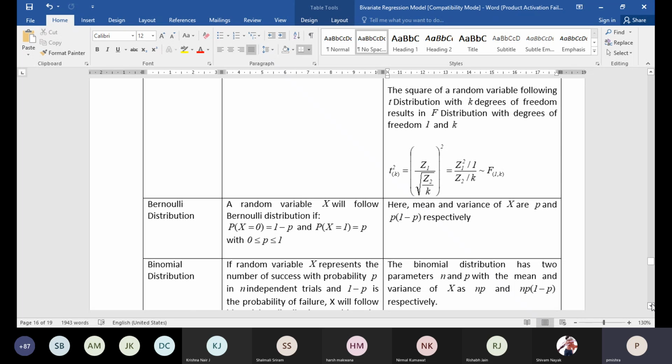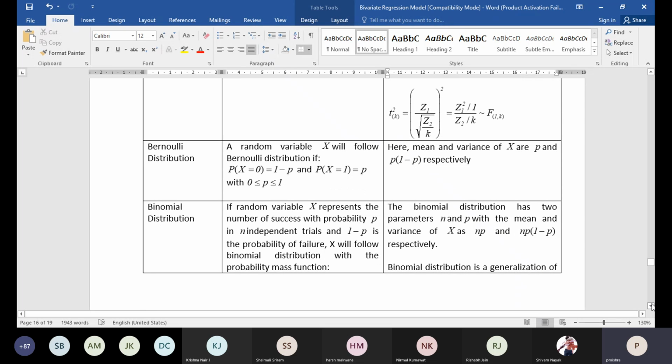Like Bernoulli distribution, binomial distribution, Poisson distribution. These distributions you have already studied or you might be studying right now. So just have a look. Still, if you have any doubt, please ask me in tomorrow's class.